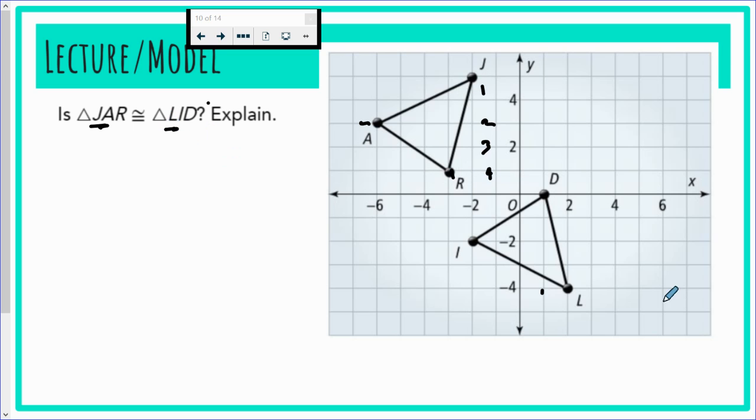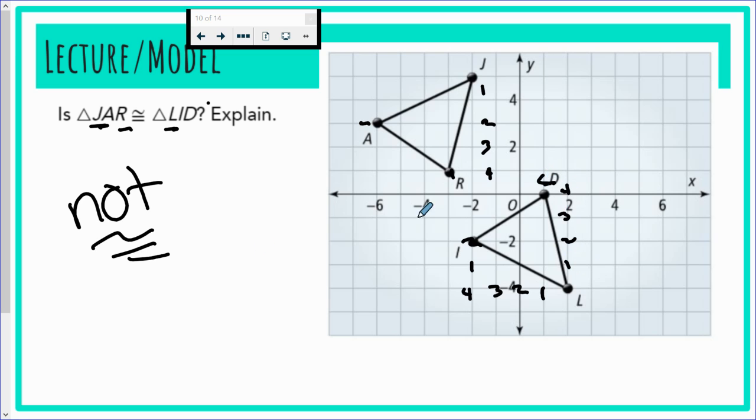Now let's look at side LD. It goes up 1, 2, 3, 4, over 1. Ignore what I said earlier. So these two triangles are congruent.